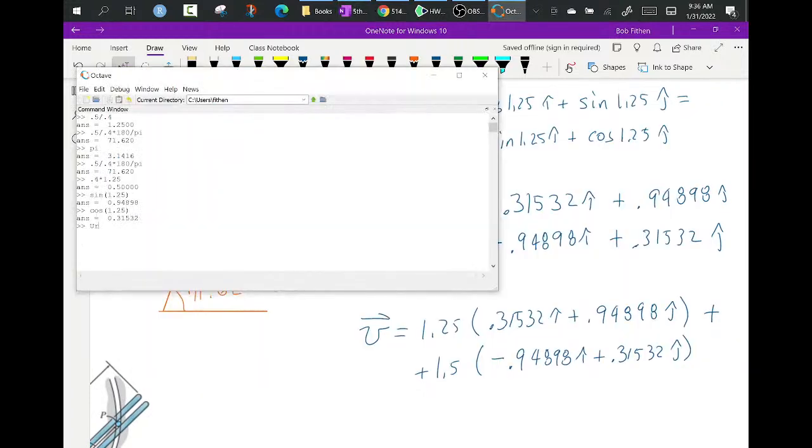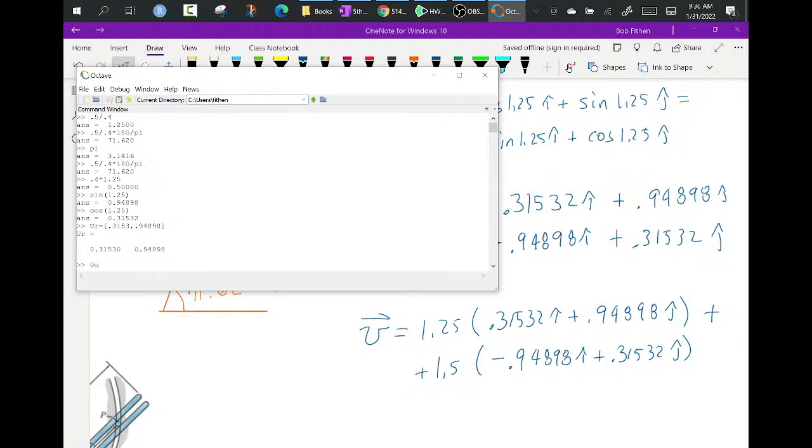Take UR equal to 0.3153, 0.94898. So that's the UR. The X component's the first one, the Y component's the second one.